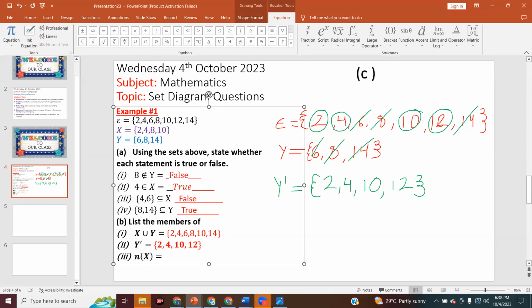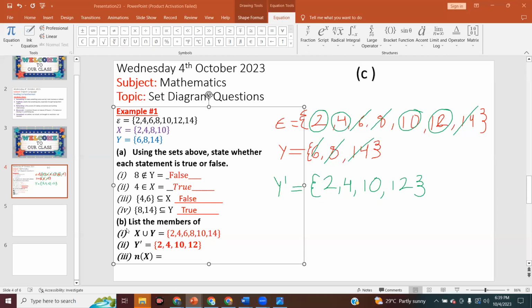Put your answer inside the chat, please. All right, thank you to everyone who answered. It's not X is equal to 4. It's just 4.